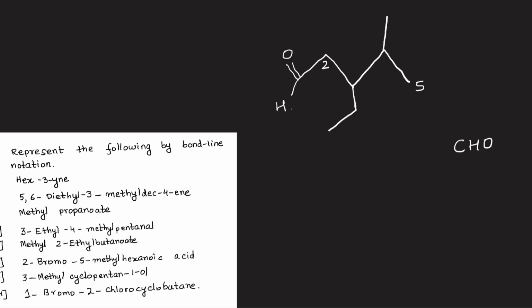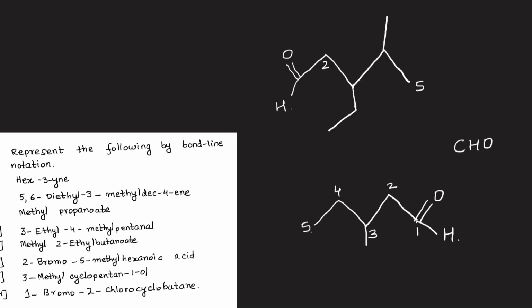By the way, if you've drawn your structure like 2, 3, 4, 5 and a double bond O and an H in order to represent the pentanal, then remember to count it from the right hand side. So 1, 2, 3, 4 and 5, and then we have 3-ethyl.